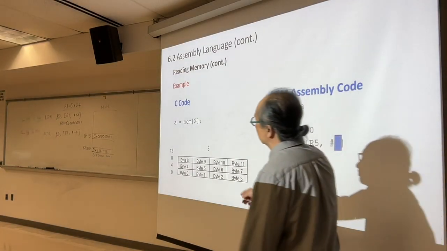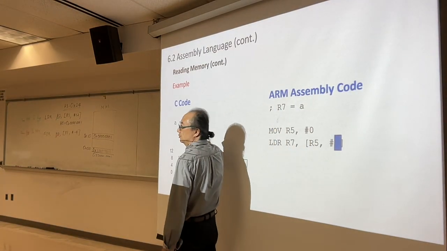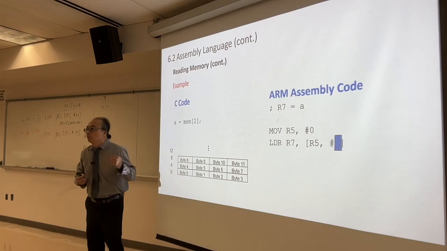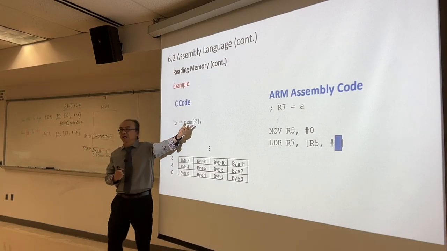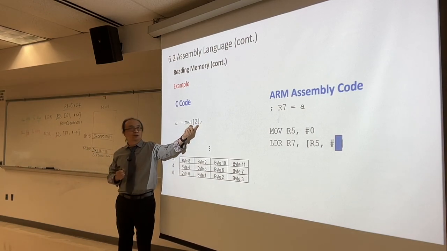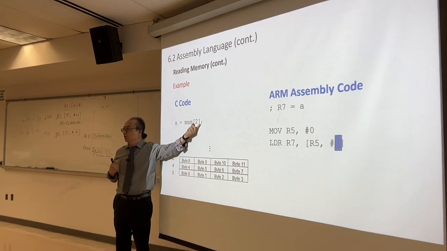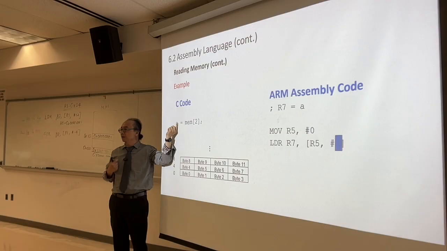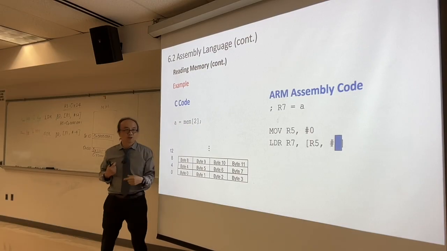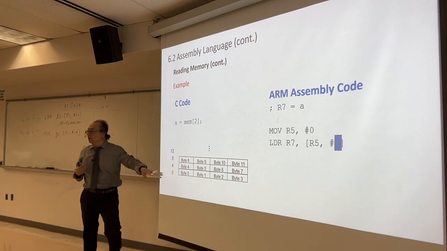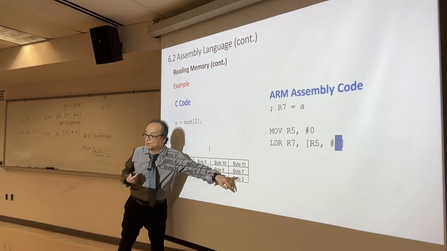In C, when you say memory 2, that means memory array 2. So this tells us memory array 2, the whole 32 bits, we want to store into A. Memory array 2, where is it? In the main memory, array 0 is the very bottom.